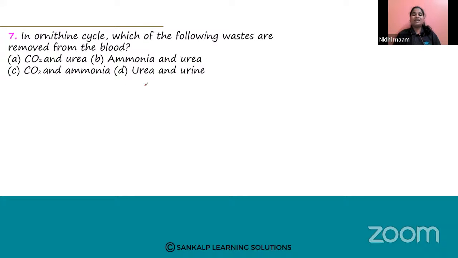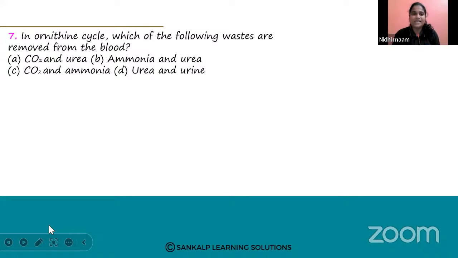In ornithine cycle ಅಂದ್ರೆ ಯೂರಿಯಾ ಫಾರ್ಮೇಶನ್ ಸೈಕಲ್ ಅಲ್ಲಿ ವಿಚ್ ಆಫ್ ದ ಫಾಲೋಯಿಂಗ್ ವೇಸ್ಟ್ ಆರ್ ರಿಮೂವ್ ಫ್ರಮ್ ದ ಬ್ಲಡ್. ಸೊ ಯಾವ ವೇಸ್ಟ್ ಬ್ಲಡ್ ಇಂದ ರಿಮೂವ್ ಆಗತ್ತೆ? ಕಾರ್ಬನ್ ಡೈಆಕ್ಸೈಡ್ ಅಂಡ್ ಯೂರಿಯಾ, ಅಮೋನಿಯಾ ಅಂಡ್ ಯೂರಿಯಾ, ಕಾರ್ಬನ್ ಡೈಆಕ್ಸೈಡ್ ಅಂಡ್ ಅಮೋನಿಯಾ, ಯೂರಿಯಾ ಅಂಡ್ ಯೂರಿನ್. So don't worry, while explaining the options, I will be explaining the concept too. Okay, na? So don't worry.